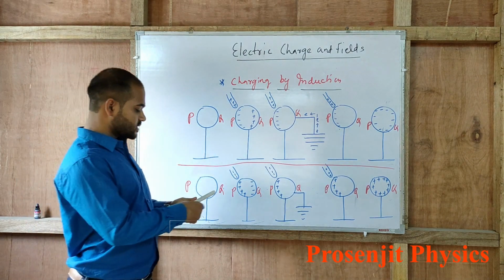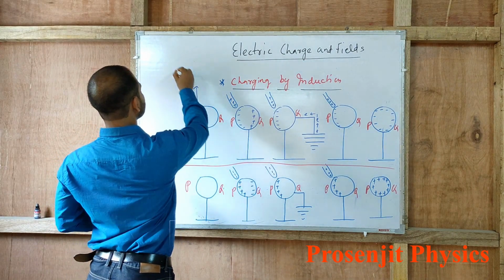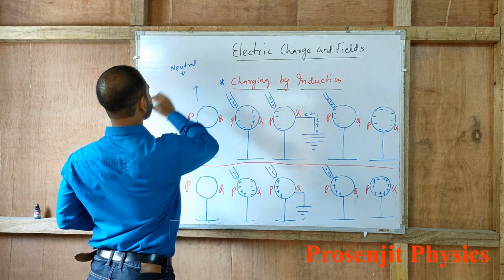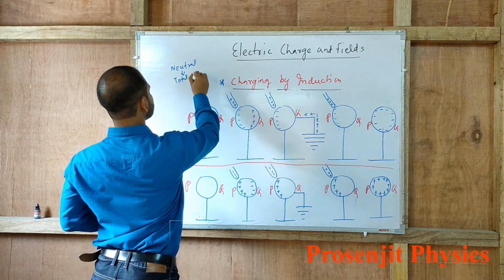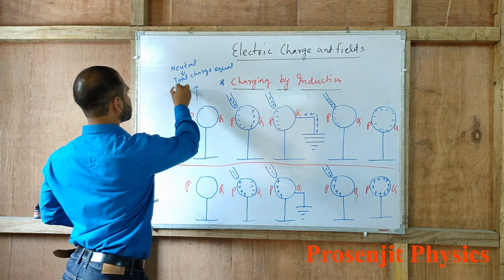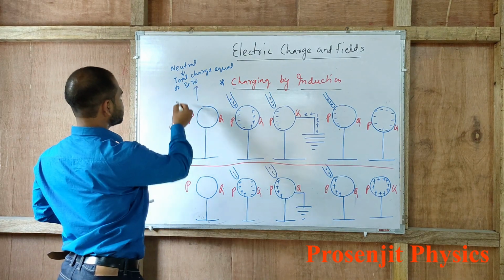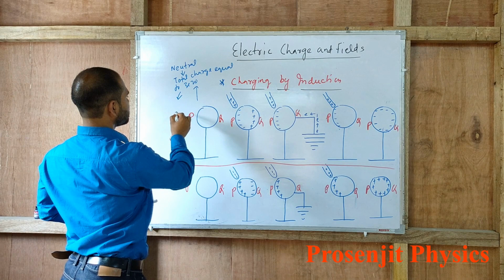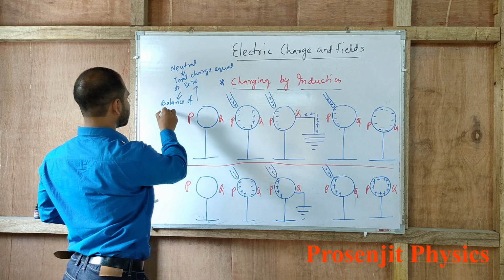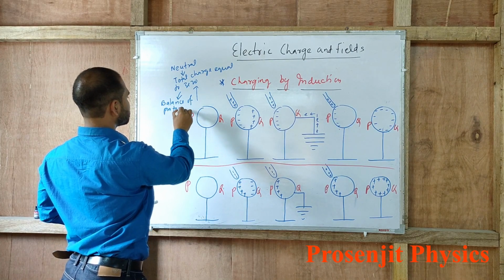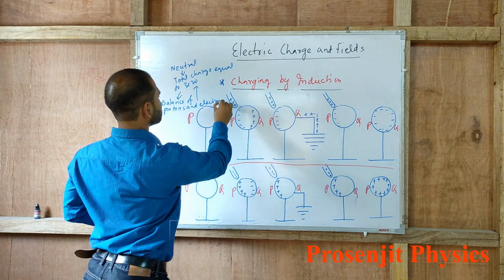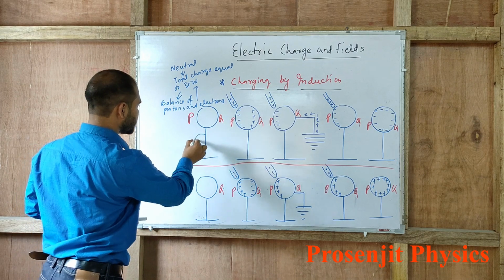Neutral conductor. Neutral means total charge equal to 0. That is, balance of protons and electrons. And this is an insulating stand.